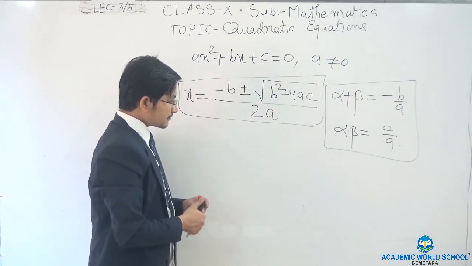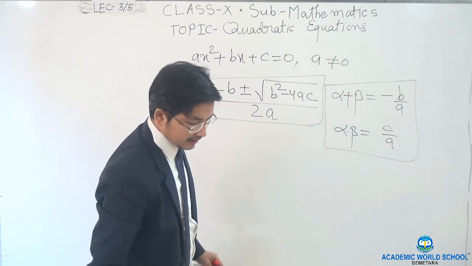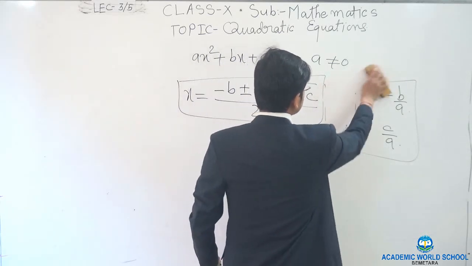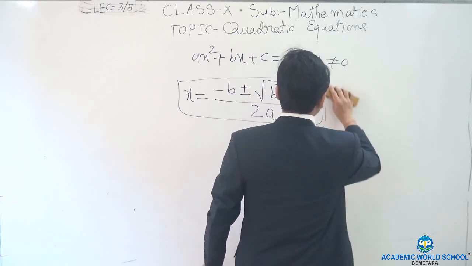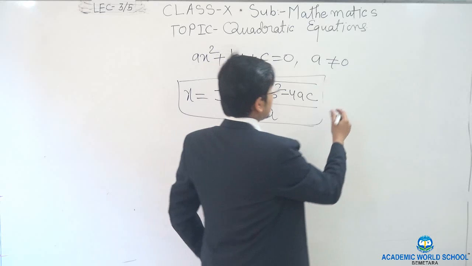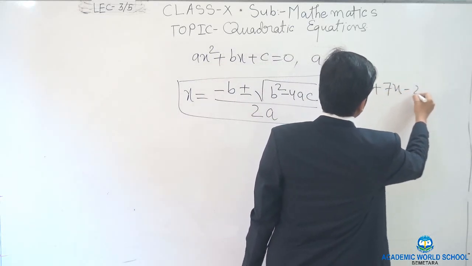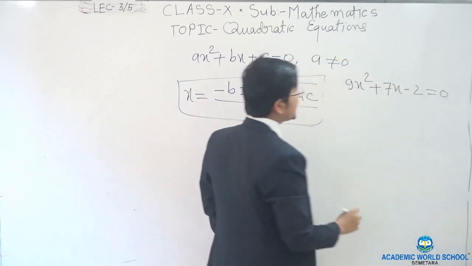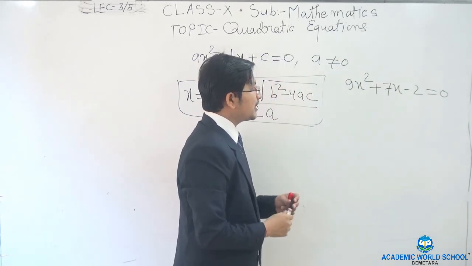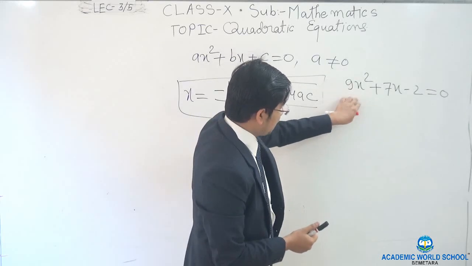So now we have to solve some questions by this quadratic formula method. 9x square plus 7x minus 2 is equal to 0. It is given to us and we are supposed to find the roots of this equation.